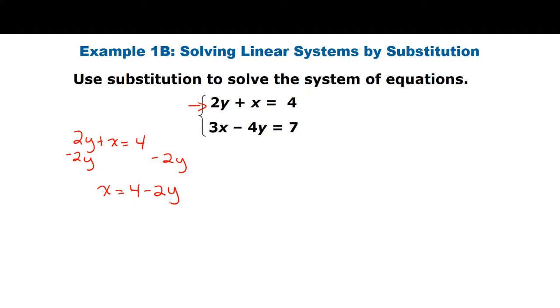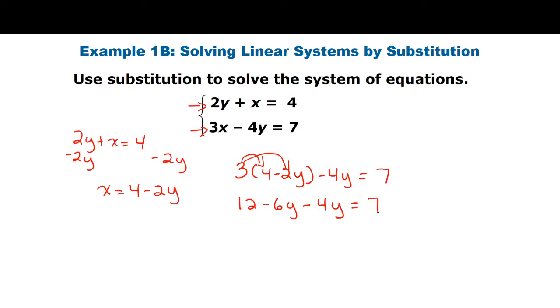And so now I'm going to choose my other equation, and I'm going to substitute my x. Instead of x here, I'm going to write 4 minus 2y, minus 4y equals 7. So now we just have to distribute our 3, so that's 12 minus 6y minus 4y equals 7.